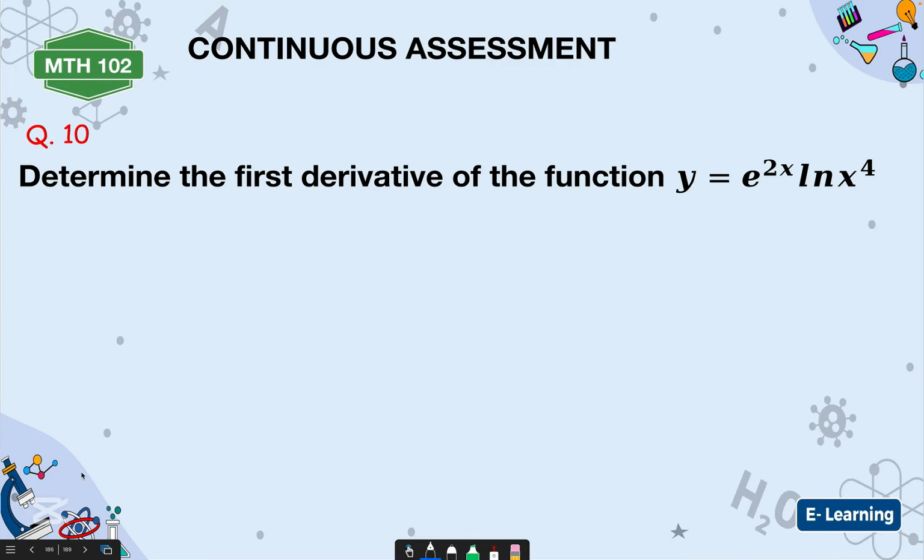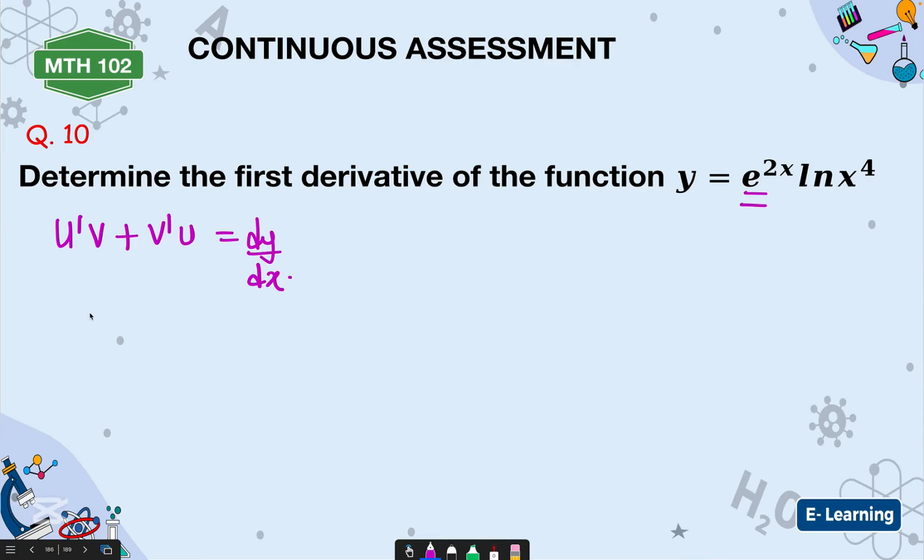Still the same question. Now the next question says find the first derivative, or determine the first derivative of the function. Now you are going to use the product rule here. The product rule says u prime multiplied by v plus v prime multiplied by u is equal to dy/dx.